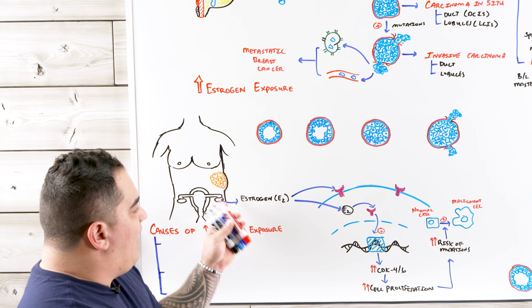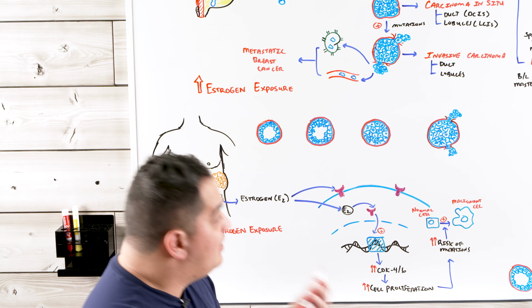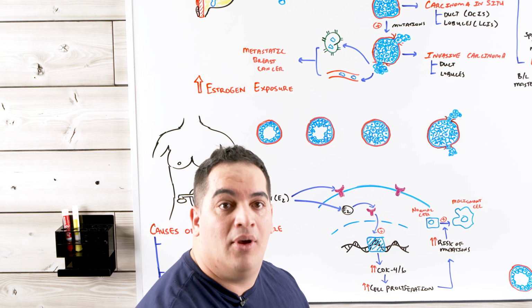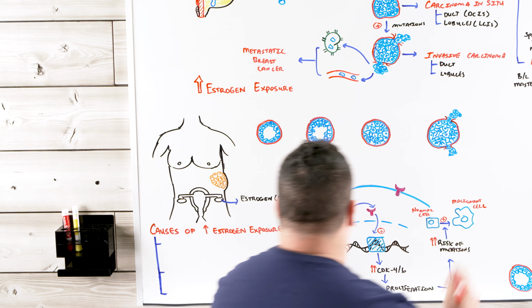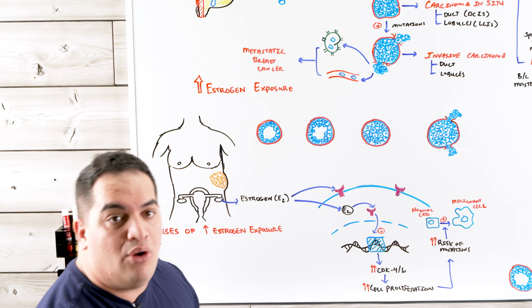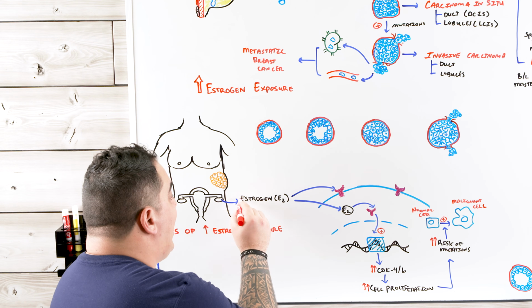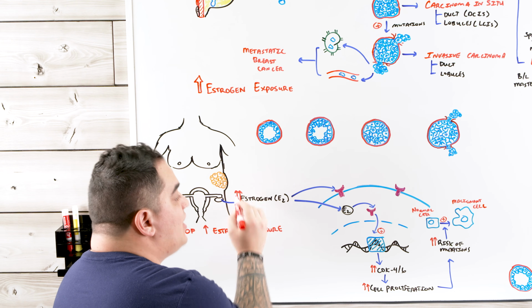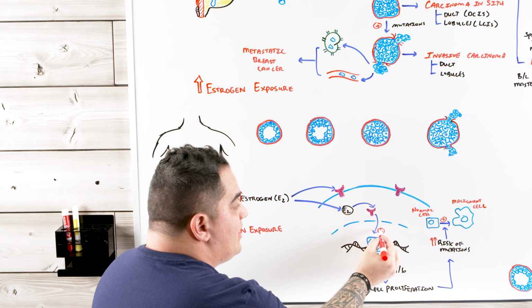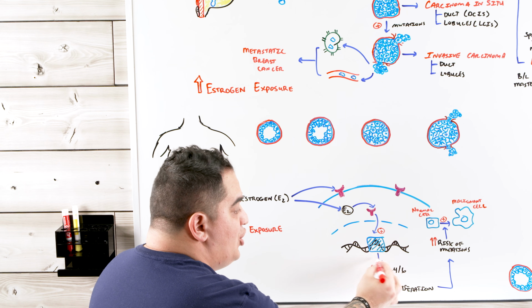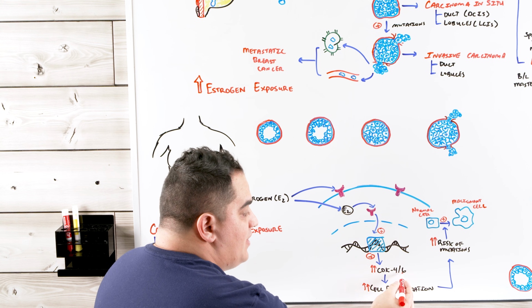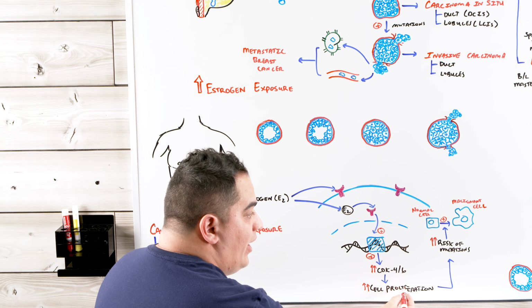And so if estrogen is being produced consistently over time, what's the issue? It's constantly being produced due to prolonged exposure to high estrogen levels. The higher the estrogen levels are over time, the more it stimulates the intracellular and extracellular receptors, and the more it activates the genes to increase the expression of CDK4/6 and cause cell proliferation.